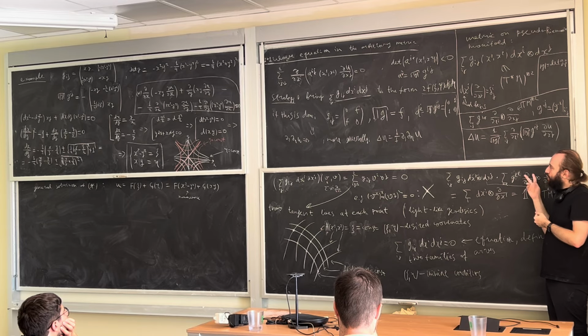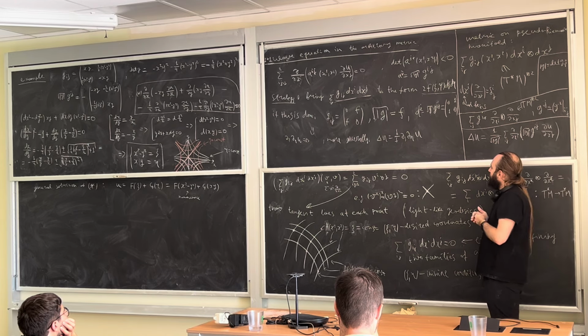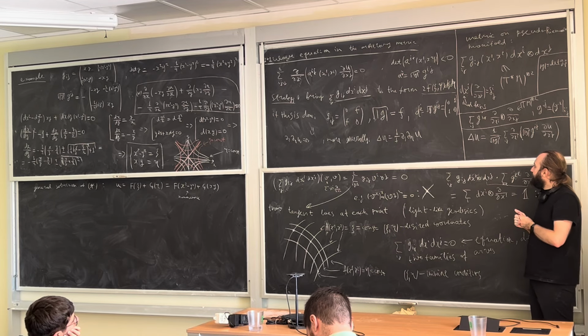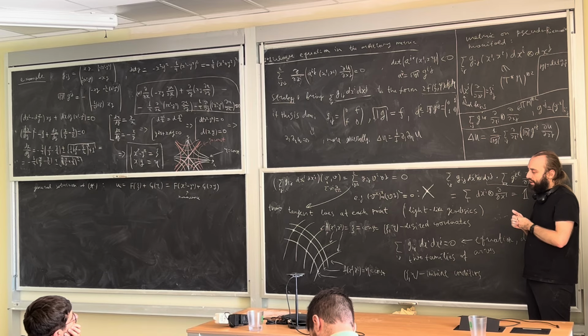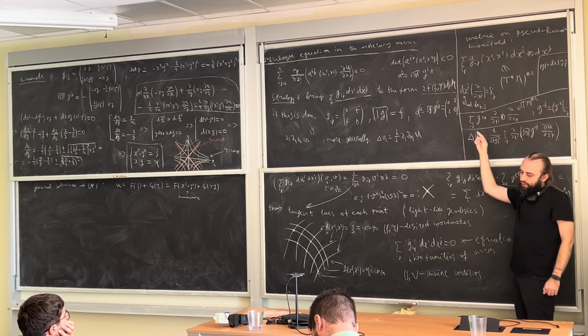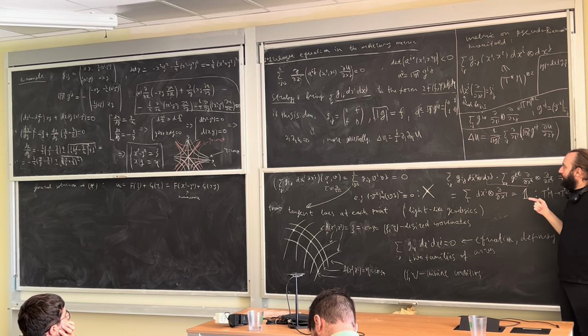So the result we see is a combination of two facts. The first fact is that the equation in 1 plus 1 is invariant under scaling of the metric by an arbitrary function.